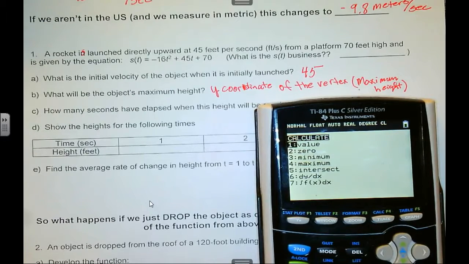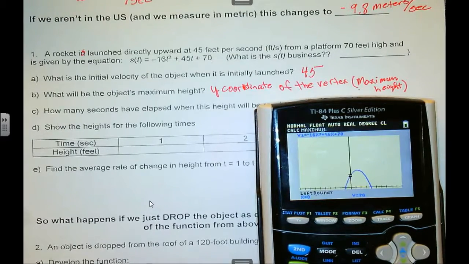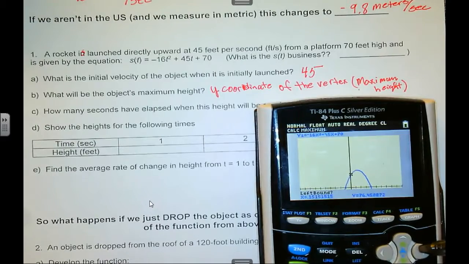Now this has a maximum, so I need to scroll down to maximum, hit enter, and I have to do that left bound, right bound thing that we did yesterday. Am I to the left of that point? Well, yes I am. And now it's asking me if I'm to the right of it, so get to the right of our maximum, hit enter. Make sure that my vertex or my maximum's in between those vertical lines, and I'm going to hit enter again.